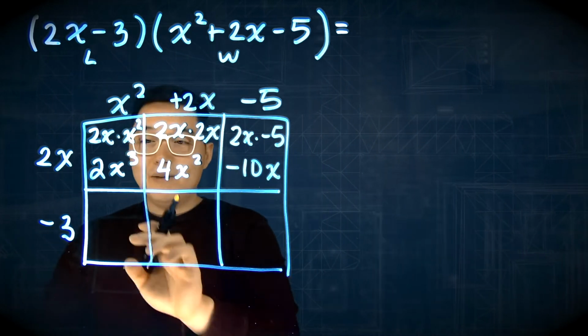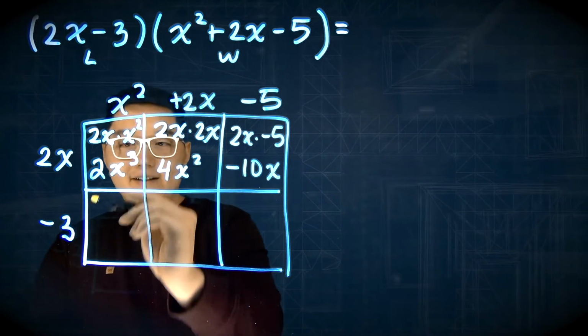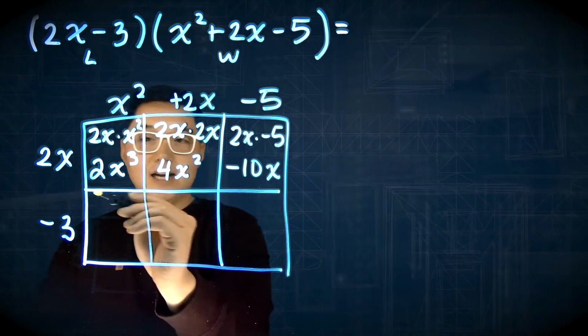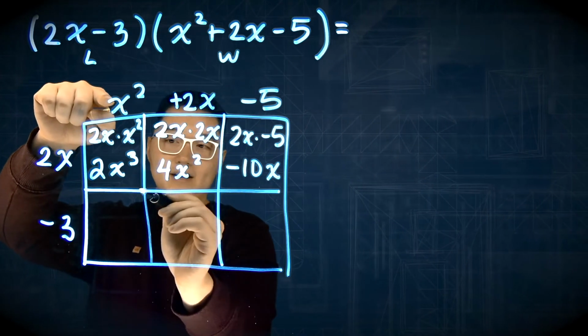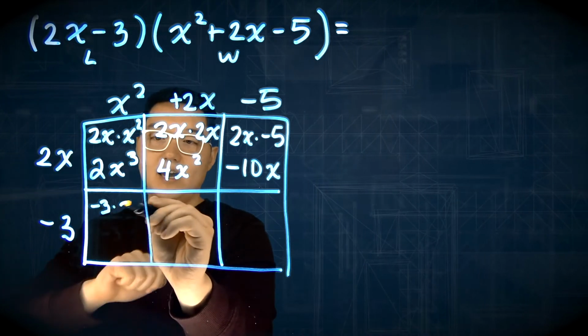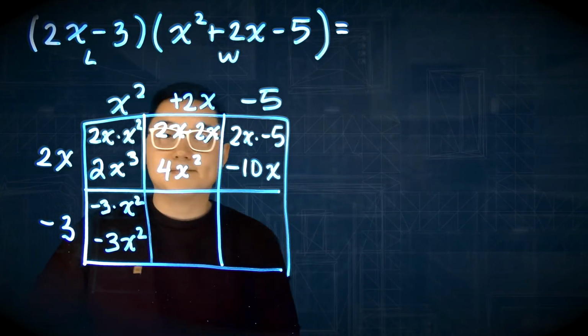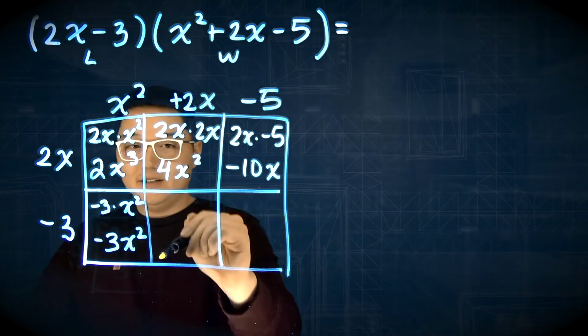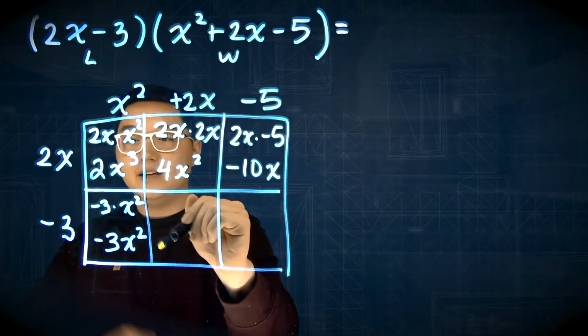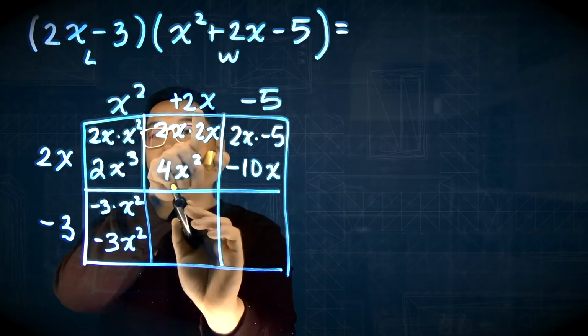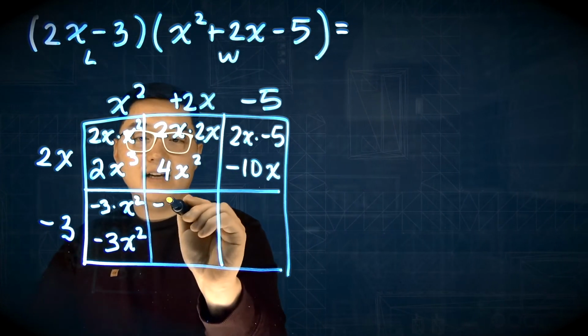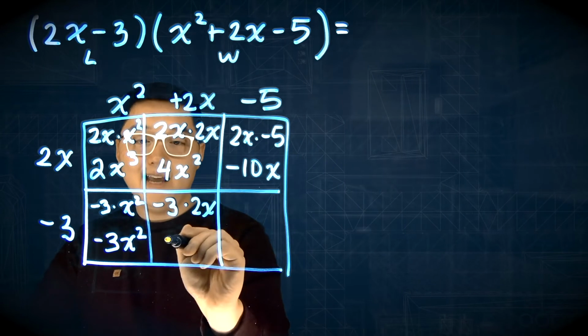Okay, now what about this rectangle? That rectangle has a length of -3 times the width of x squared. So -3 times x squared is just -3x squared. What about this rectangle? This rectangle has a length of -3 times 2x. So that gives us -6x.